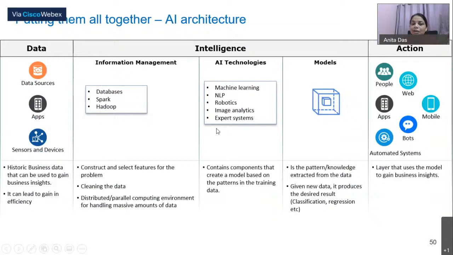And on this data, you can apply various AI technologies, build a model, validate the model, and then deploy the model, maybe in apps or in web or in bots. Wherever you want, that curated model can be deployed. So this is how the AI architecture looks, step by step.